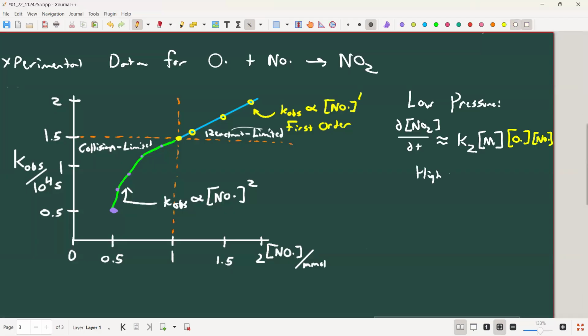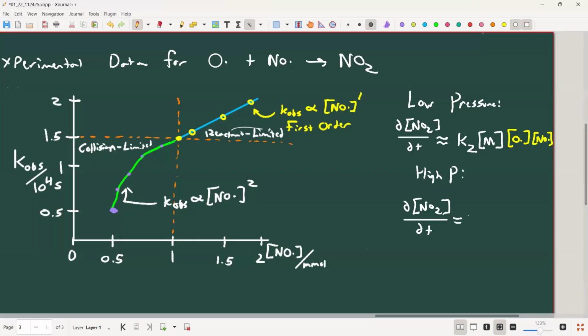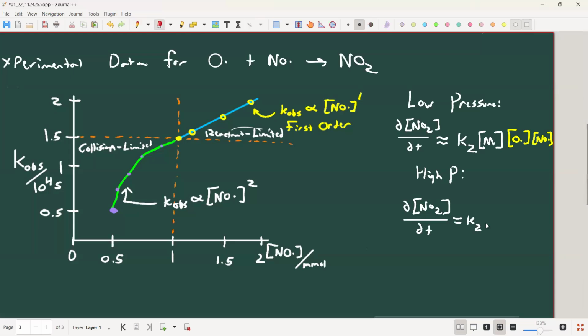And high pressure is K1, the association rate of the two radicals, times O and O.